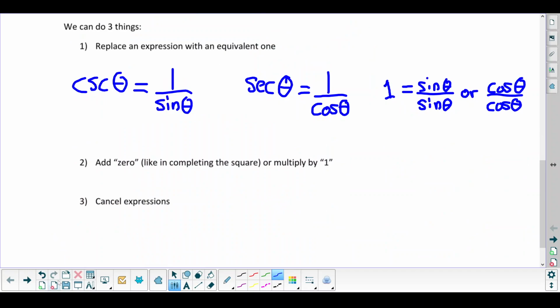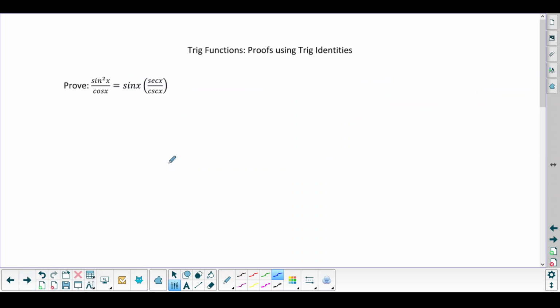All right, so let's see another example. Okay, so this time we want to prove that sine squared x over cosine squared x is equal to sine x times secant x over cosecant x. All right, so let's split this up into our two halves.